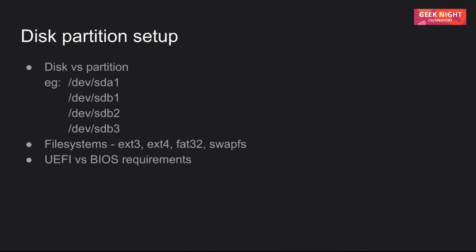In Linux operating systems, we might have noticed files like /dev/sda1 or /dev/sda. If we see sda1, that represents a partition. If we see sda, that represents the entire hard disk itself.